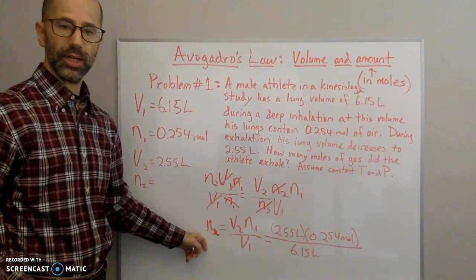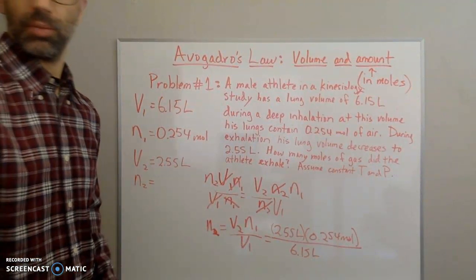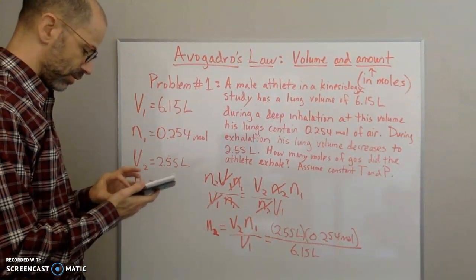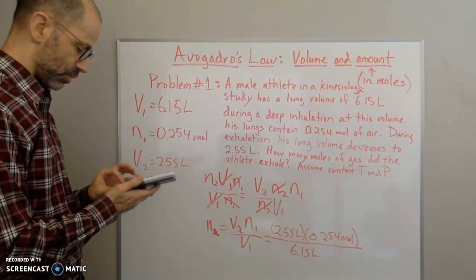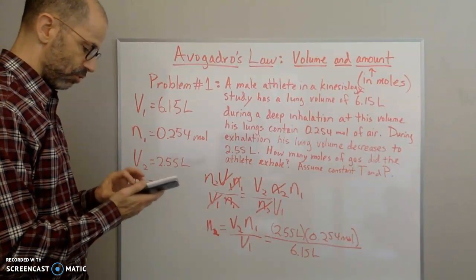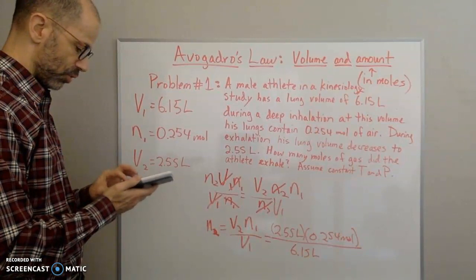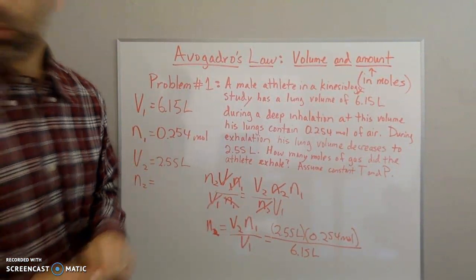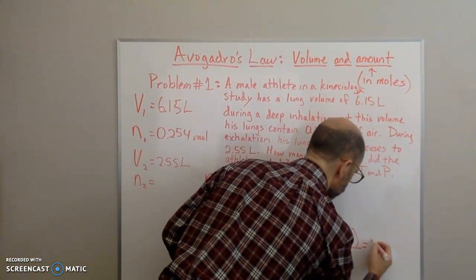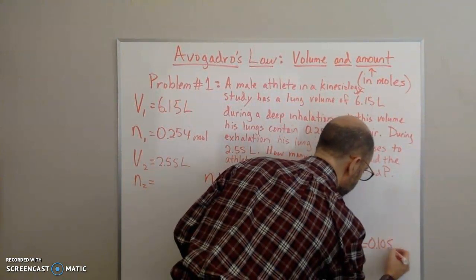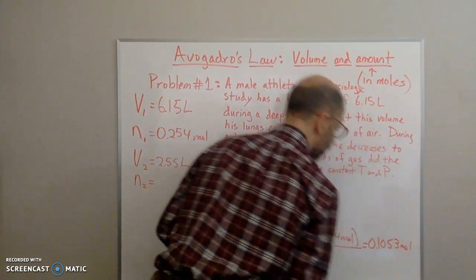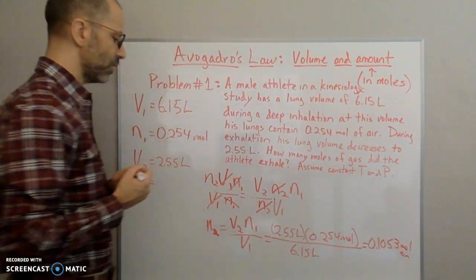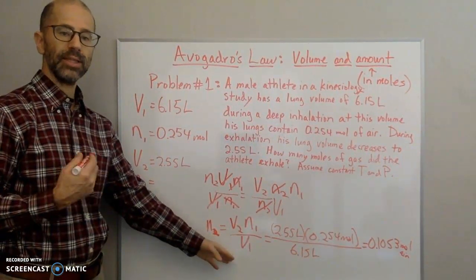And so now to calculate the moles, all I need to do is plug the numbers into my calculator: 2.55 times 0.254 divided by 6.15 equals, and I get 0.1053 moles of air. So that is the amount of air left in the lungs.